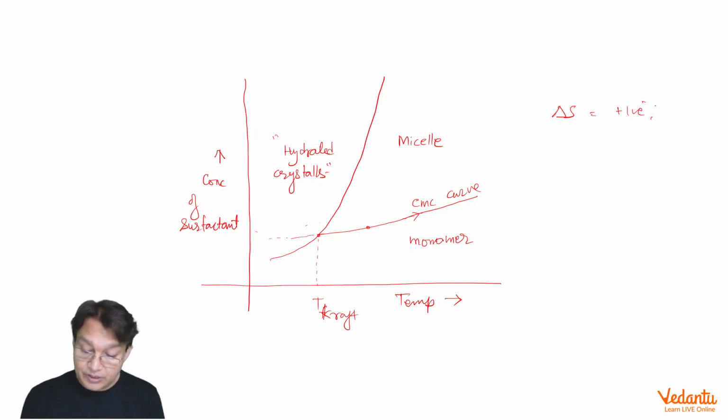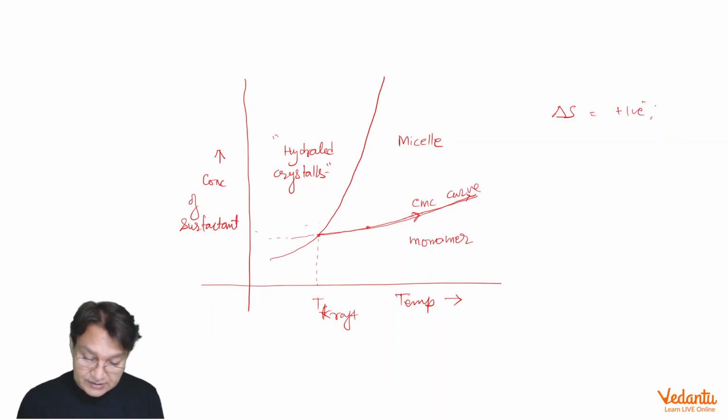And as we keep on increasing the temperature, the CMC slightly changes, that becomes more and more if you increase the temperature. That means more concentration of surfactant is needed to form CMC when we increase the temperature. But this dependence is not a very strong dependence, and this is a very gradually varying curve. So this is the kind of curve which is showing you how CMC changes with temperature.